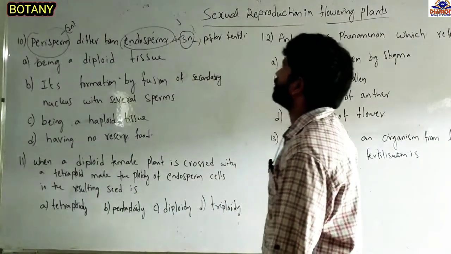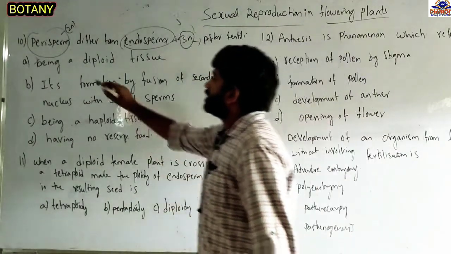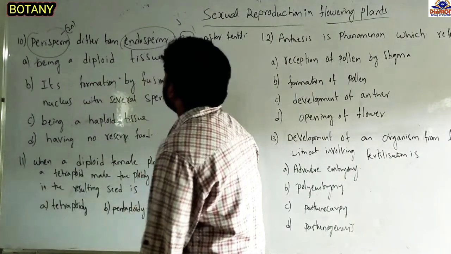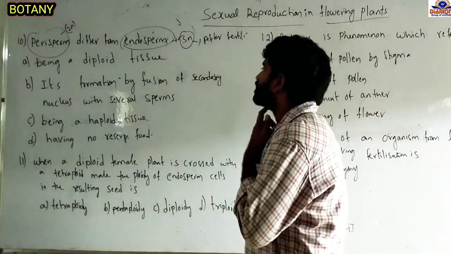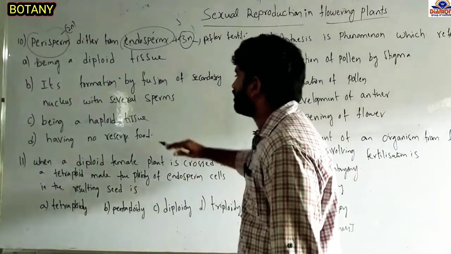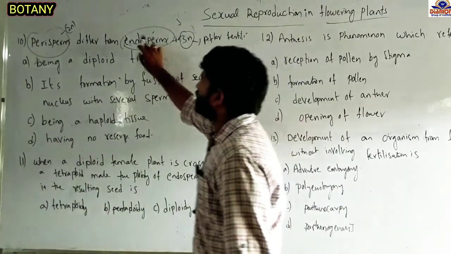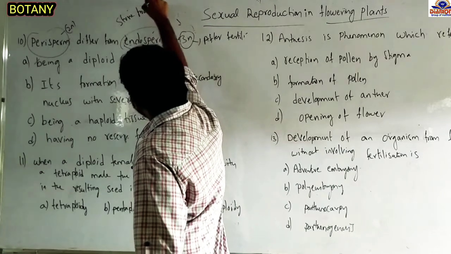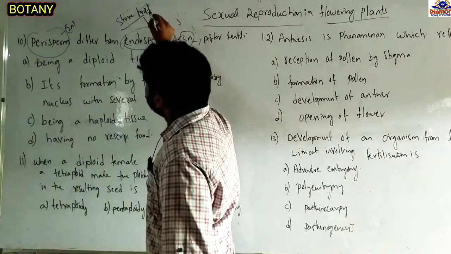So now perisperm differs from the endosperm. Here option A, being a diploid tissue. Option B, it's a formation by the fusion of secondary nucleus with several sperms, being haploid tissue having no residual food materials. Both perisperm and endosperm can store food materials, but endosperm is formed after the fertilization.